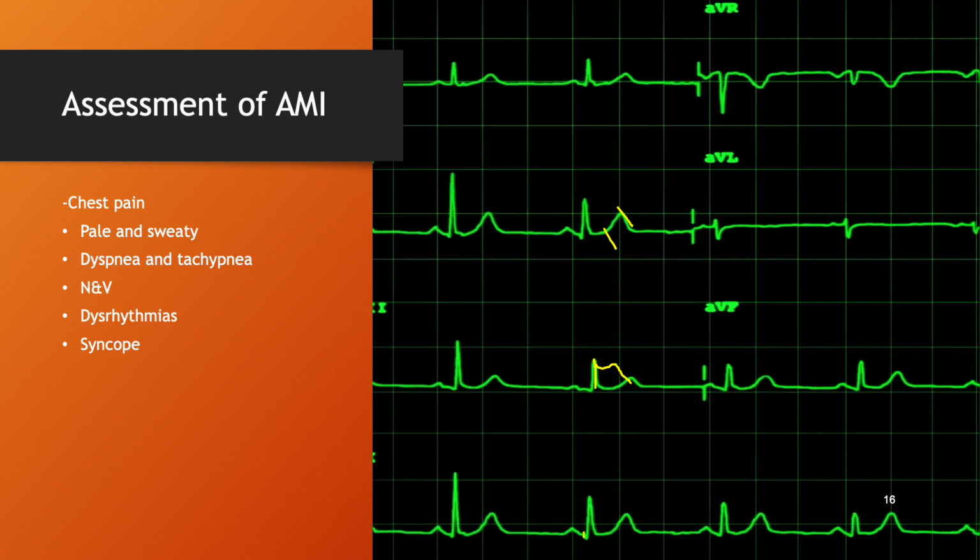And if I go to the last one, come down a little bit more, this would basically be ischemia. It's an ST depression. And also if there's an inversion of the ST segment, this is ischemia, so it's not a total blockage, just partial.